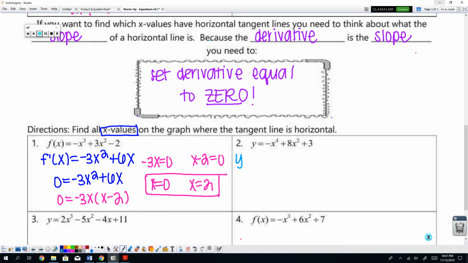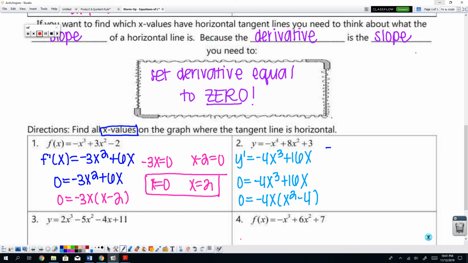So we're going to take the derivative. Power rule says negative 4x cubed plus 16x. Then I'm going to set it equal to 0. Alright, then I'm going to take out the greatest common factor, negative 4x, left with x squared minus 4. Hopefully you remember your difference of perfect squares, otherwise your algebra teacher will be very upset.